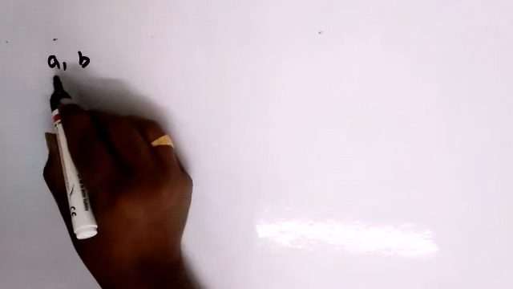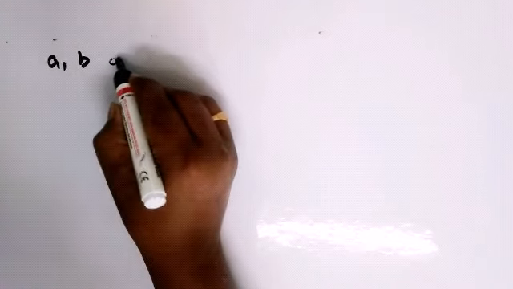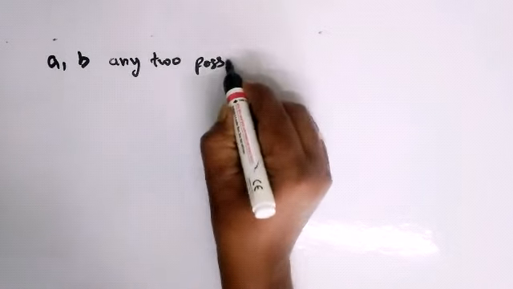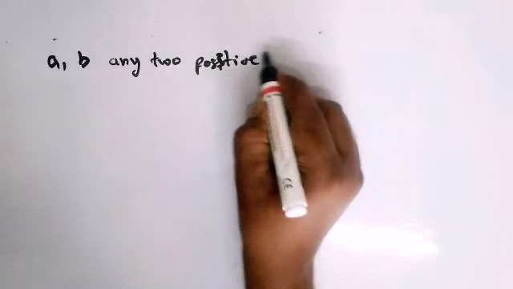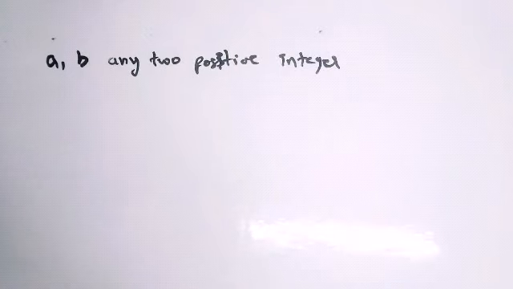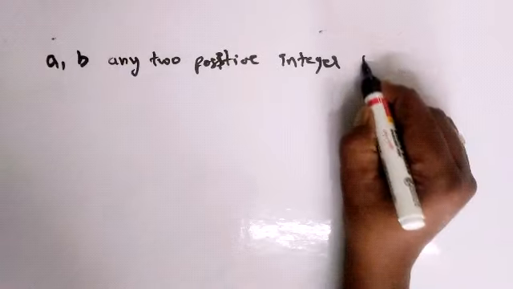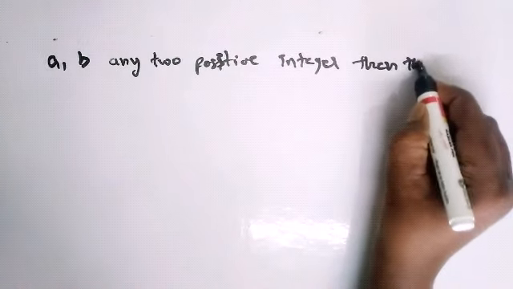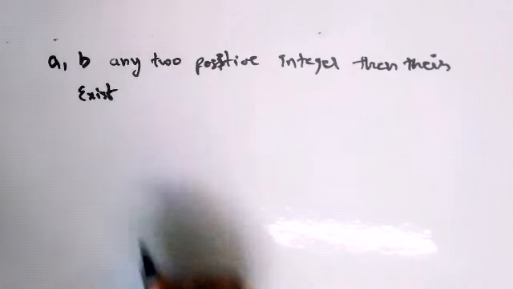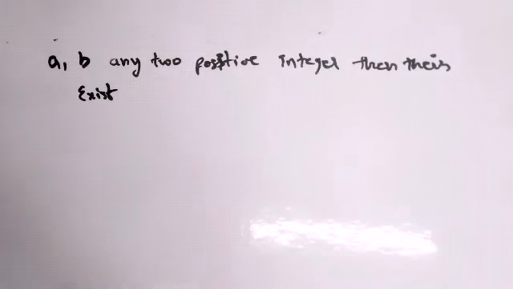there exists a unique pair of whole numbers. If a, b are any two positive integers, then there exists a unique pair.